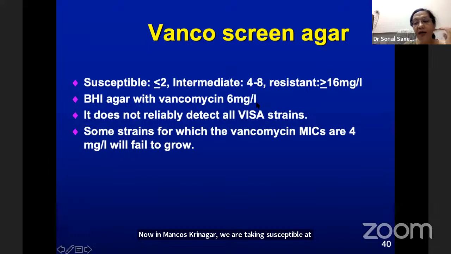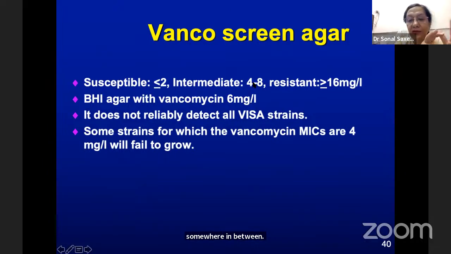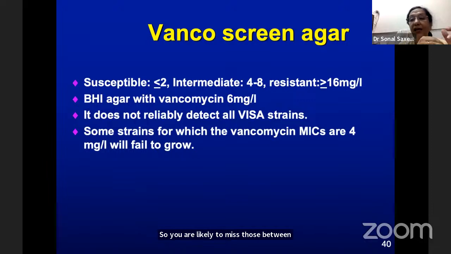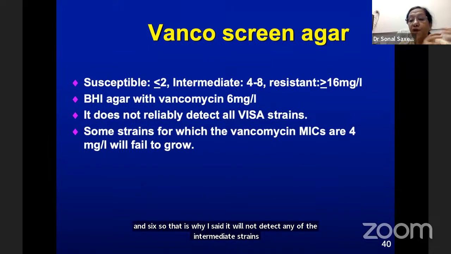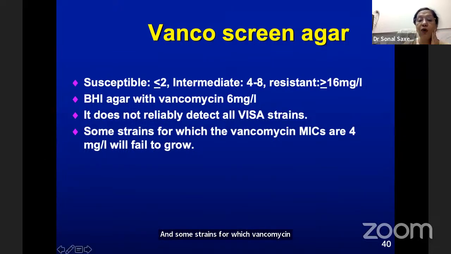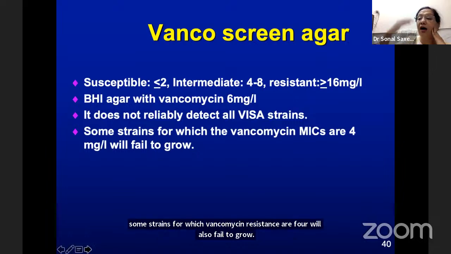So remember, our vanco agar is 6. So it falls somewhere in between. So you are likely to miss those between 4 and 6. That is why I said it will not detect any of the intermediate strains. And some strains for which vancomycin MIC is 4 will also fail to grow on this because you've given a higher 6.